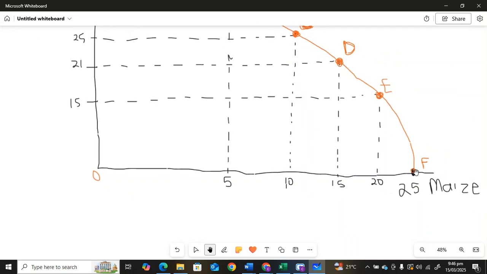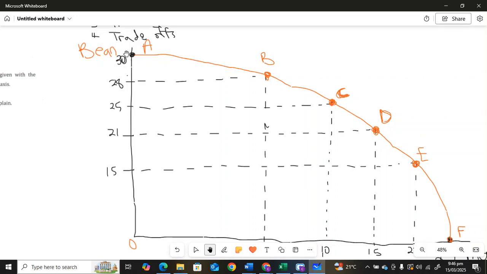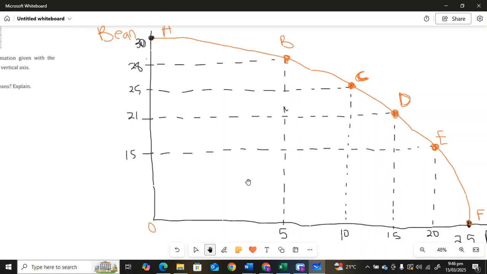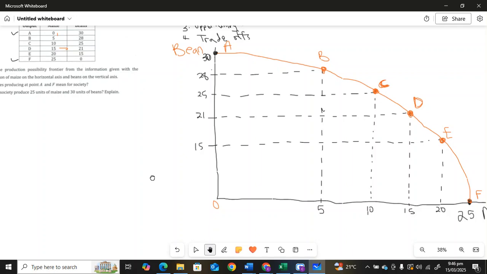That's what basically they mean. Point A, you're only producing beans, no maize. Point F, you're only producing maize and no beans. That's how you answer that one. Any questions?